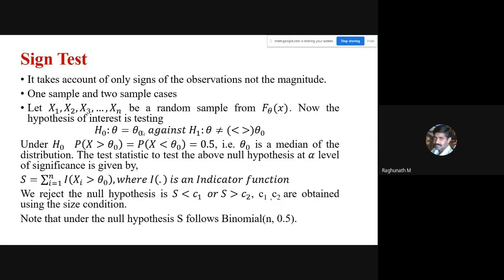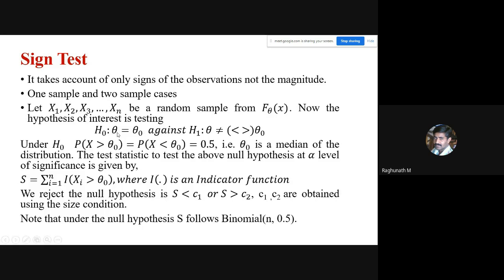Please make note of this. If I take theta naught equal to 8, don't ask me why I took 8. It is the person conducting the experiment who has pre-knowledge and sets this theta naught.